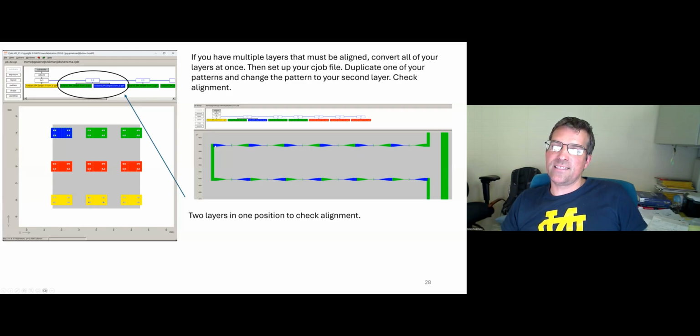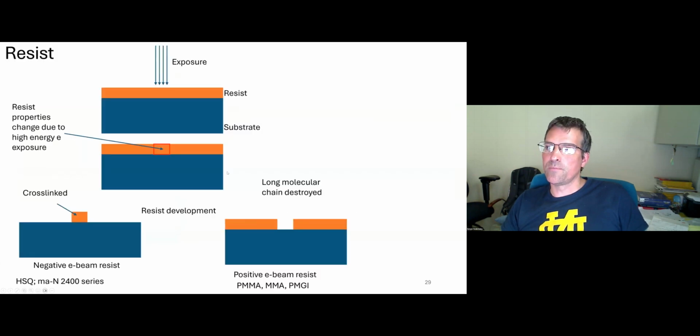And then zoom in and see if your pattern is overlapped as intended by your original layout. Whatever you see here is what is going to be exposed. So if you see that your pattern is shifted, then your exposure will be shifted. So it's better to correct it now than get a surprise after you develop your sample, your patterns.